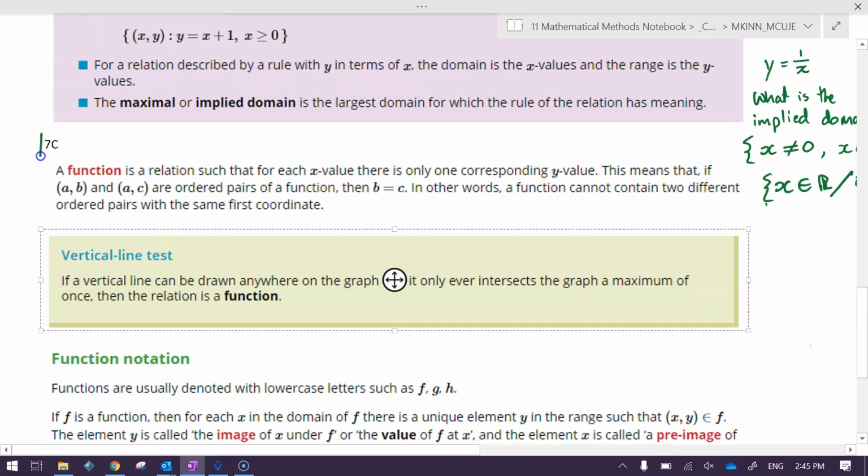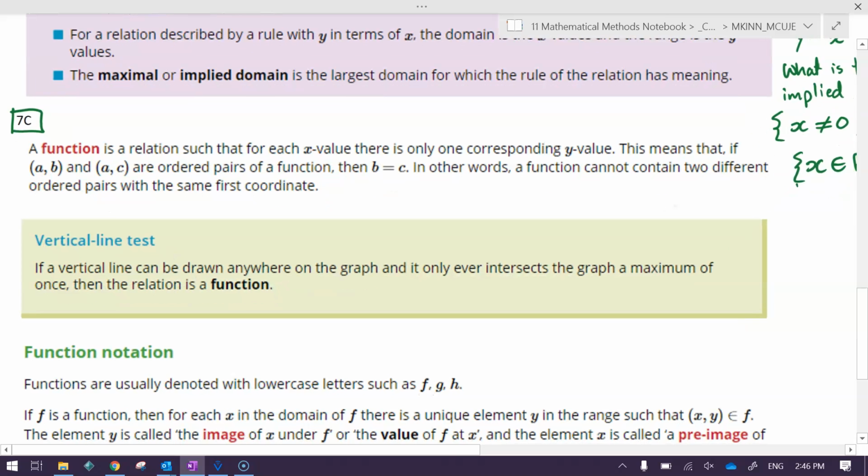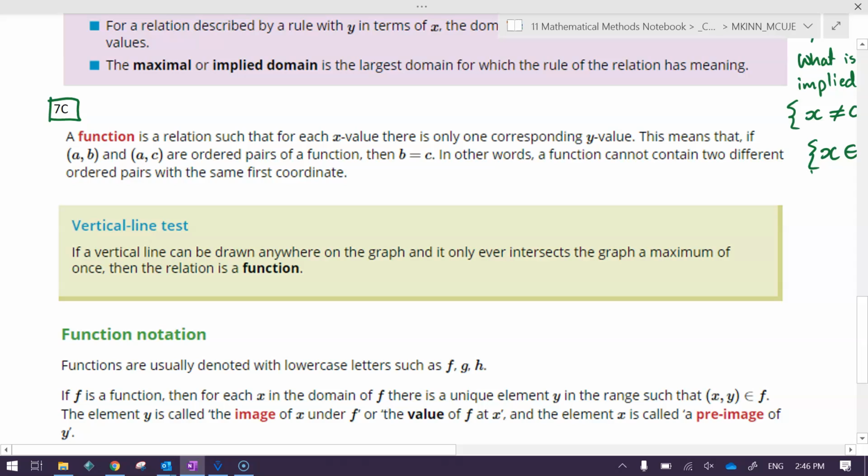You'll see here I put a very unobtrusive 7c, where we talk about functions. Good news, functions are just special relations. Just like you have special rectangles, a square would be an example of a special rectangle. All squares are rectangles, but they're special ones. They're the ones where the sides are of equal length. All functions are relations, but they're special ones.